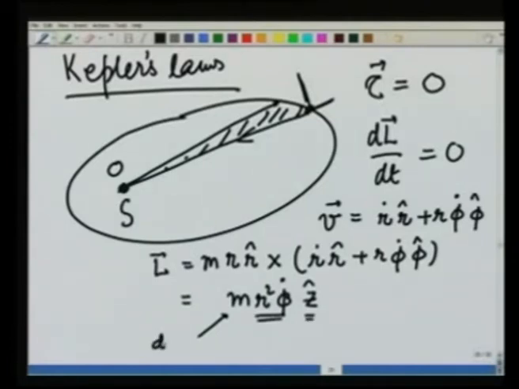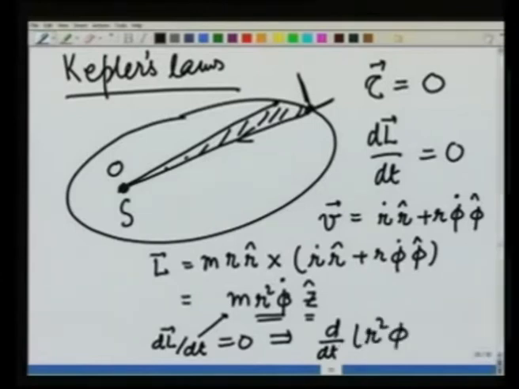So therefore dL/dt equal to 0 implies that d/dt of r square phi dot is equal to 0.